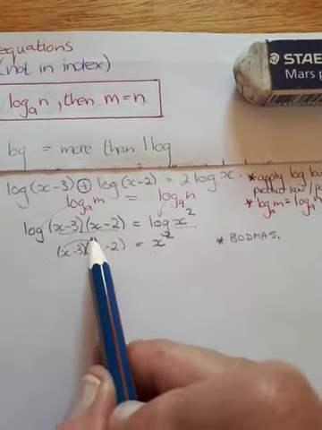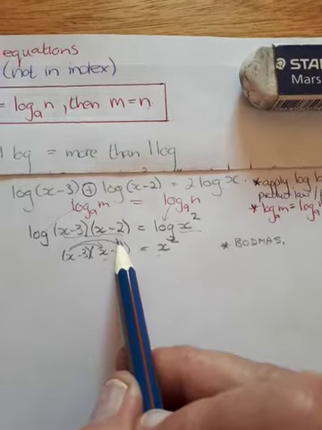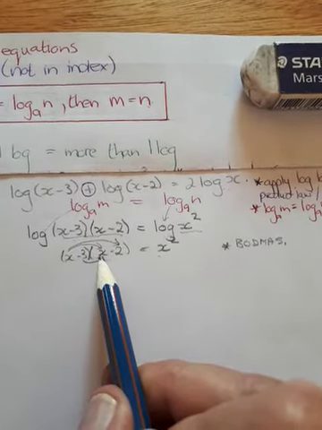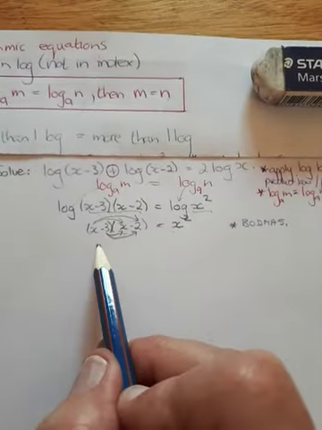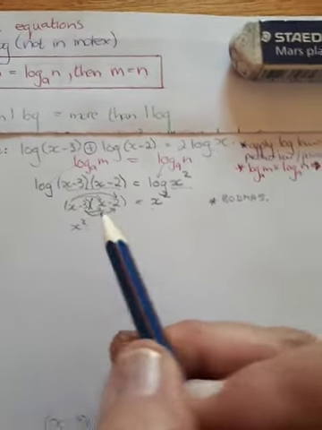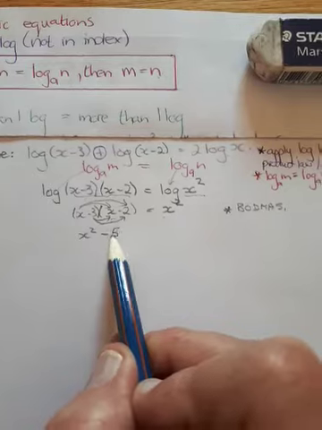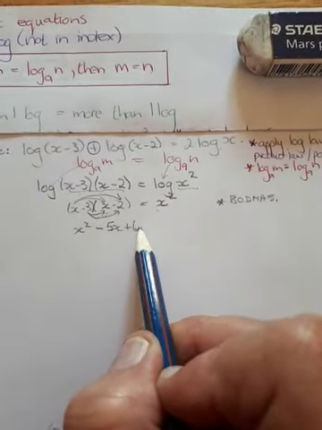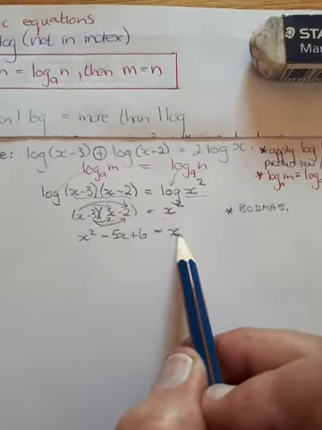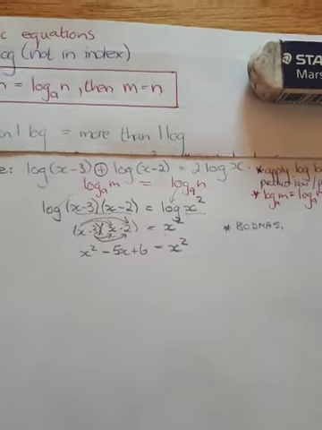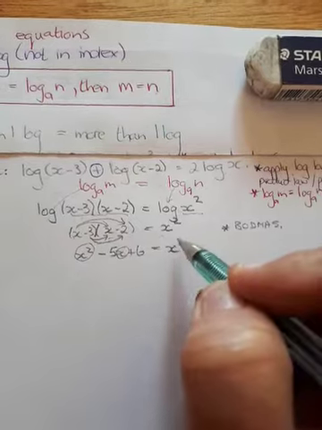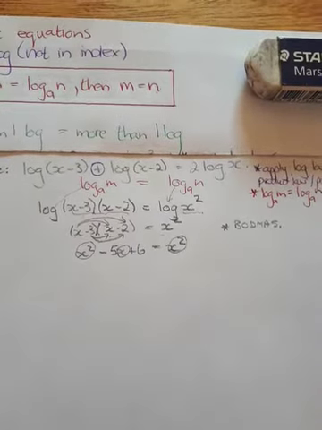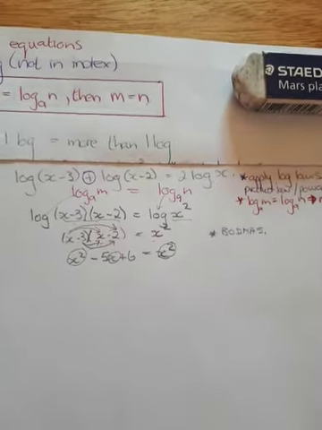We will multiply out the bracket: first times first, first times second, second times first, second times second. When you work that out, it will give you x squared minus 5x plus 6 equals x squared. Now remember, we want to solve this equation, which means we want to find a value for x.